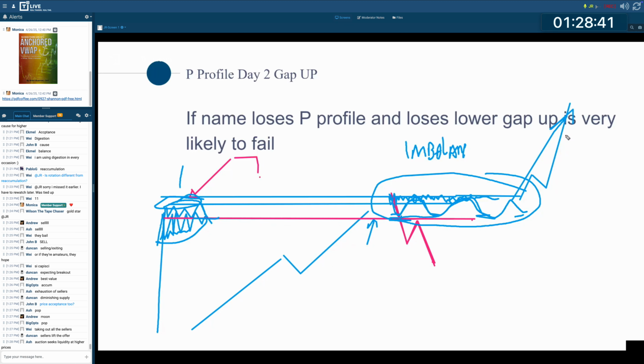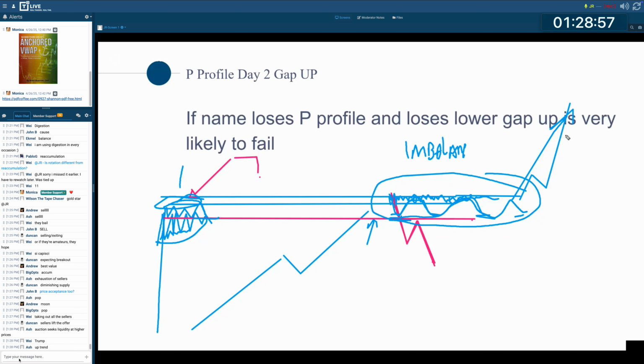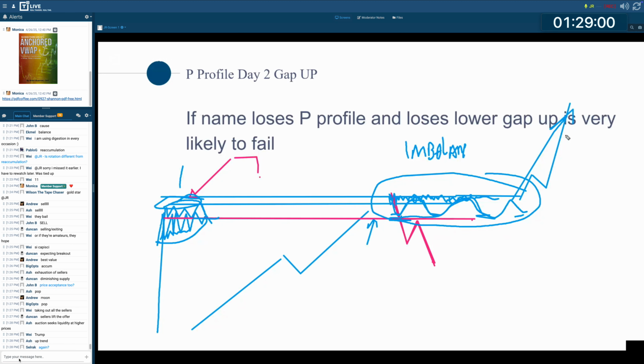Let me ask you guys a trivia question. In which market condition is a significant retracement of a P-shaped profile lower highly likely? Does anybody know? This is auction theory 101.